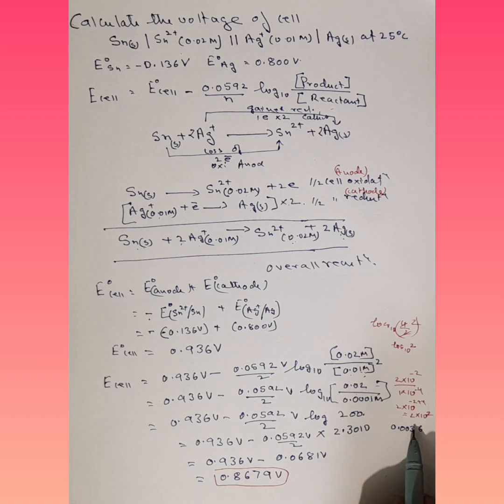We shifted 1, 2, 3 digits, but the characteristic would be bar 3 point, and then I've got to check out for 36 and 0. That would be our log. I'm going to take it up in one video for finding out log. Doing that, the final answer was 0.8679 volts.